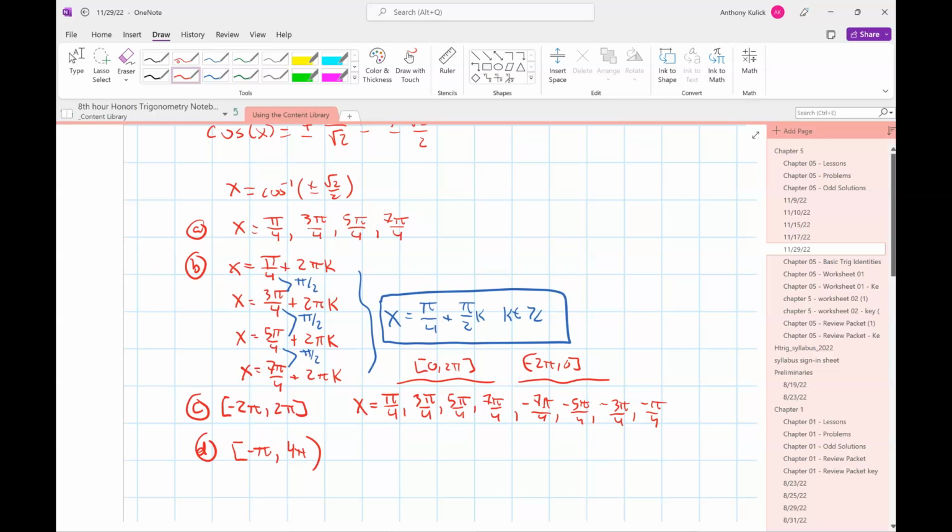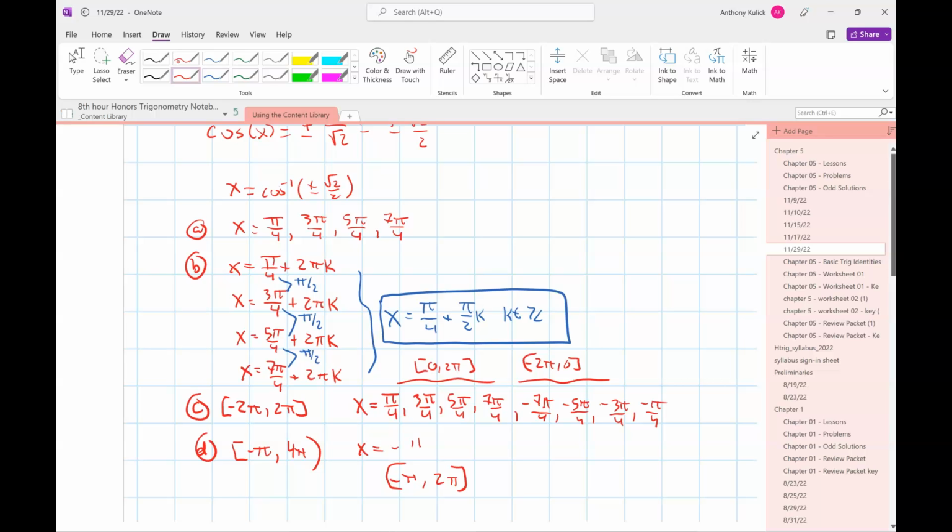And then the last one, I think that's our interval, right? Yes. Okay. So from the list, I already have most of the answers, right? Everything from negative pi to 2 pi, I have up here already. So I'll just write those down.